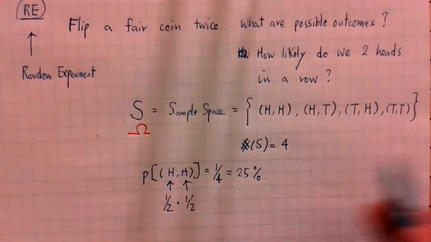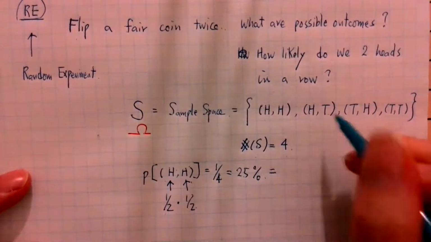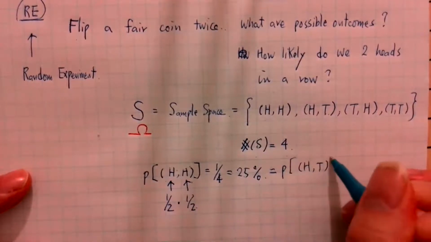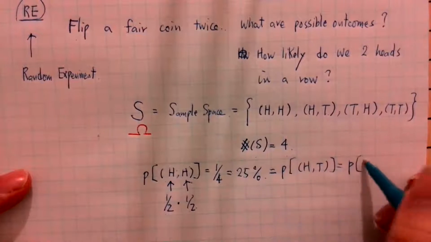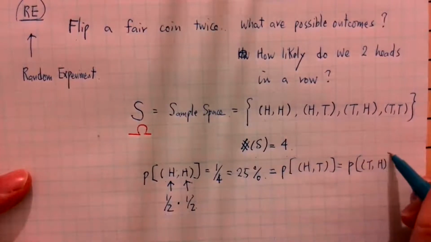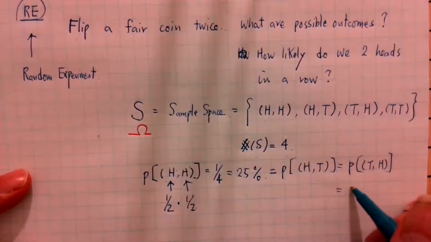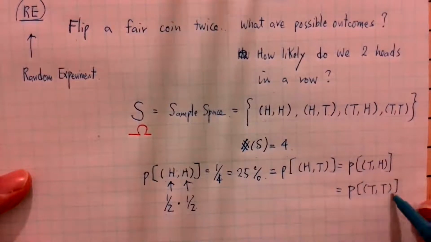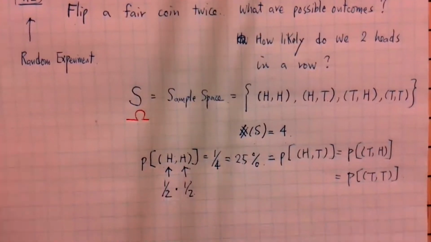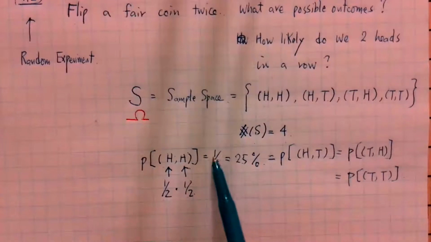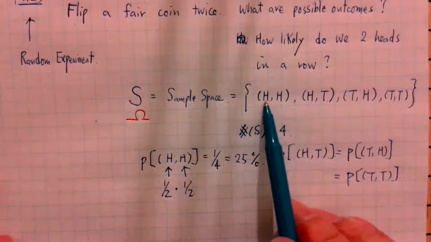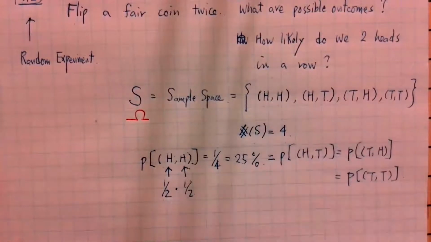And because the coin is fair, there is the same probability to get head-tail, same as tail-head, and same as tail-tail. They're all equally likely, all equal to 25% chance.